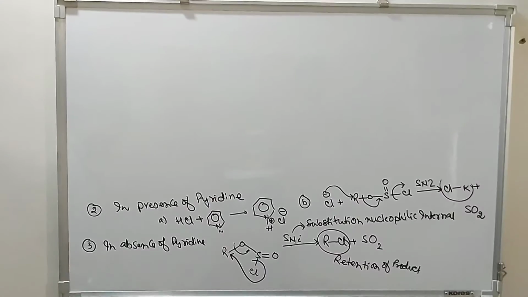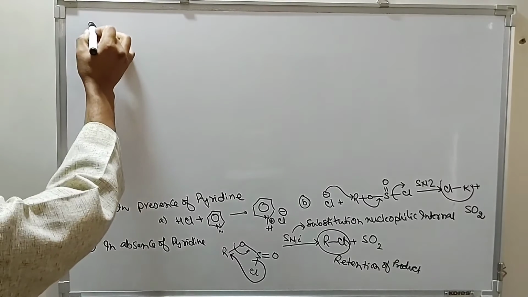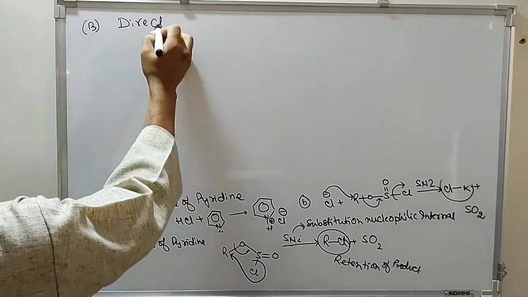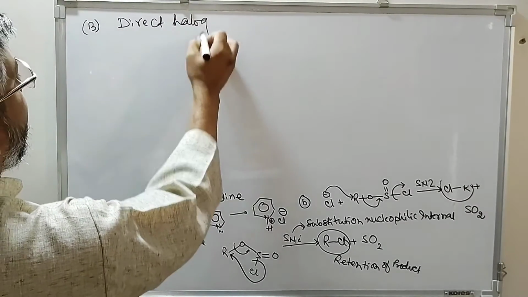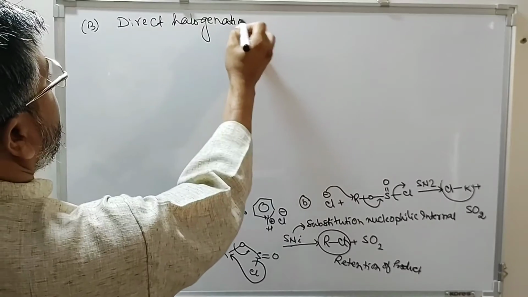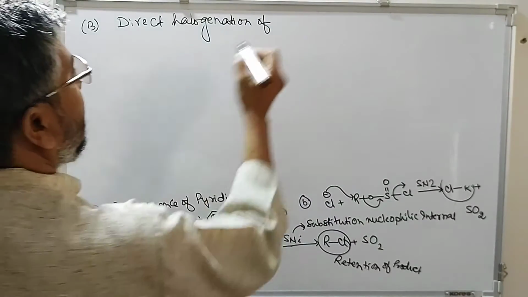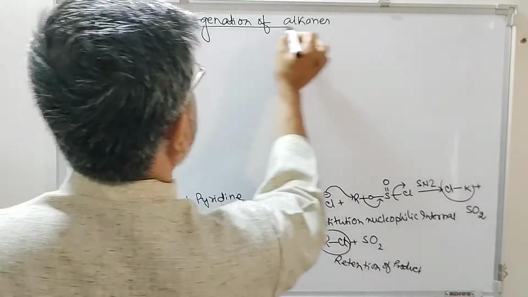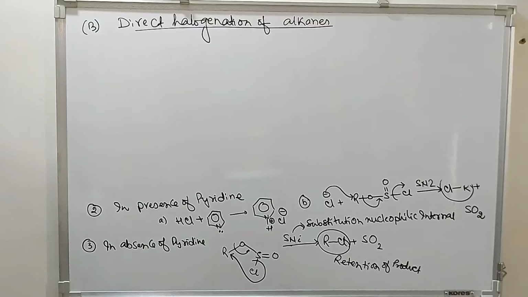Now we will go to some other methods. Second method, that is direct halogenation of alkanes.